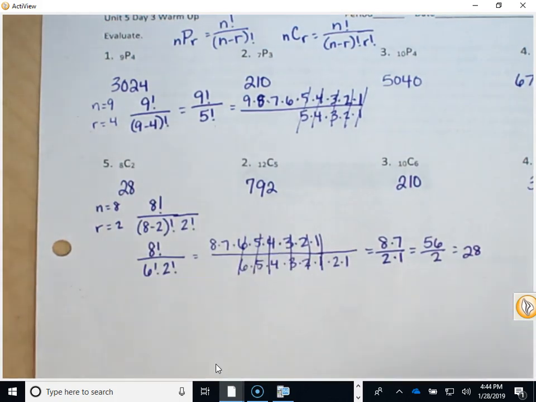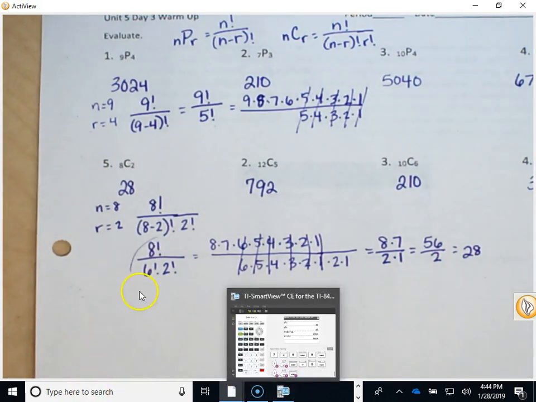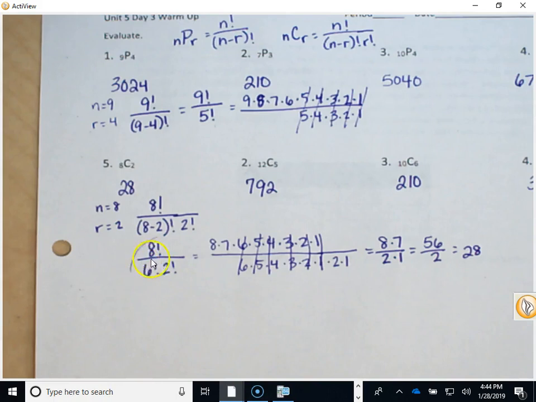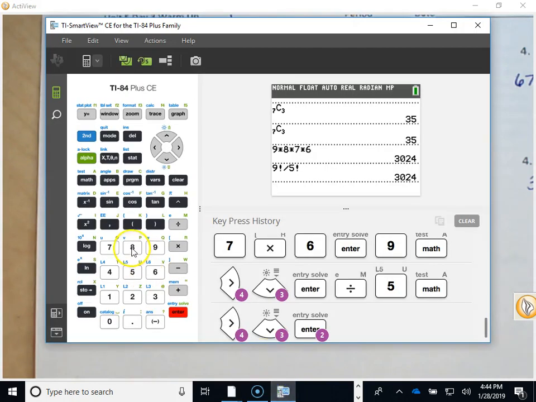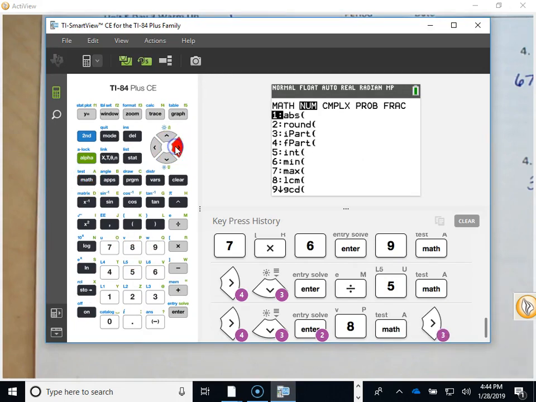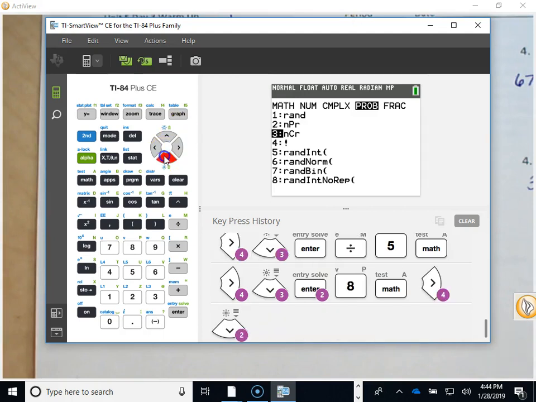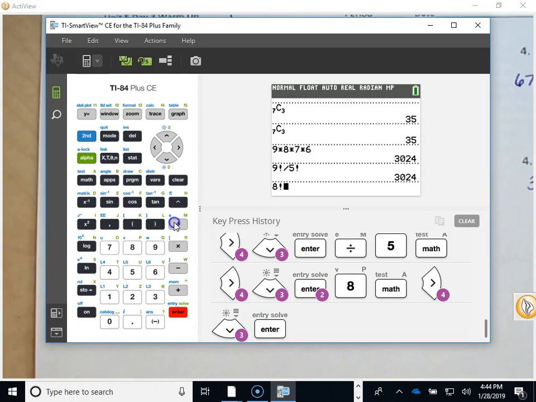But to actually type it into a calculator just like this, since we have 2 factorials on the bottom, after I hit that division button, then I'm going to have to put parentheses around this so that I know that it covers all of that. So I would then hit 8, math, over to probability, and then down to the factorial button, enter, divided by parentheses, because we've got 2 on the bottom.